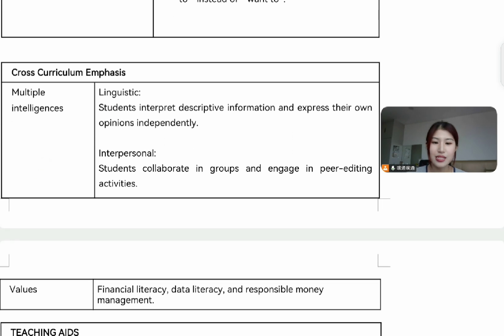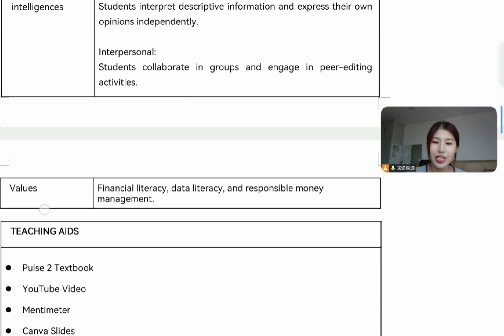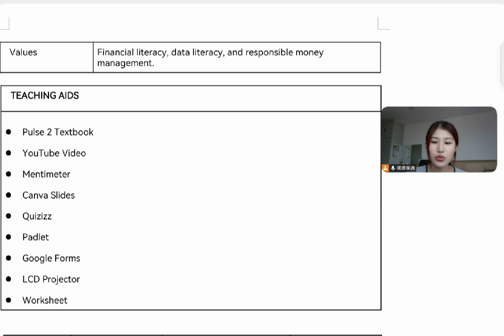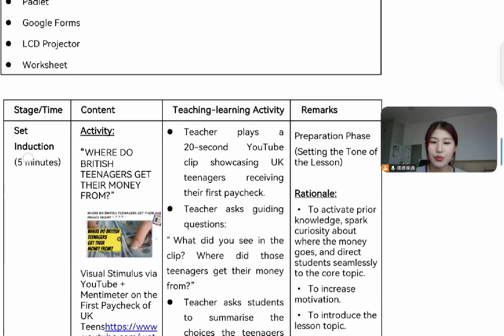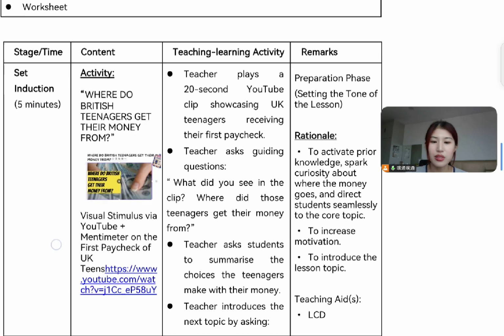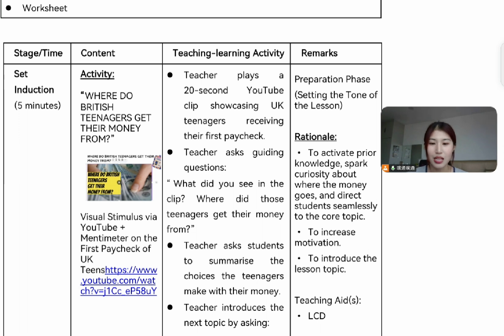This lesson develops students' linguistic and interpersonal intelligence via individual and group tasks. It also cultivates financial awareness and sensible money management. Third, teaching aids. We use the Post 2 textbook, worksheets, projector, plus digital tools. With all this prepared, let's move to the 3 core stages of the lesson.